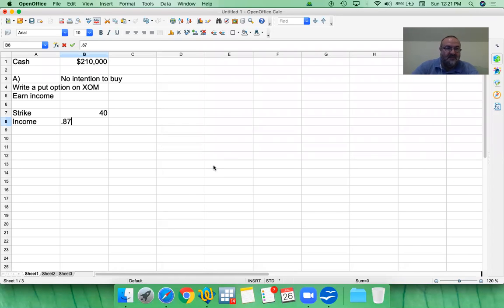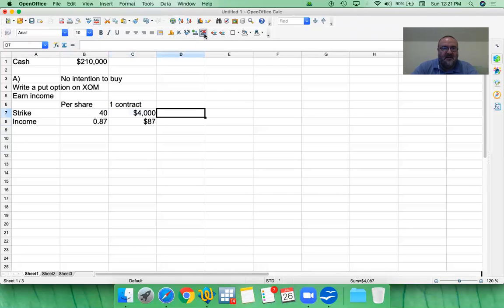So that's 87 cents. This is per share. So if we do one contract, this is your strike price, and this is how much you're going to be earning on this. Now, these are both in dollars.